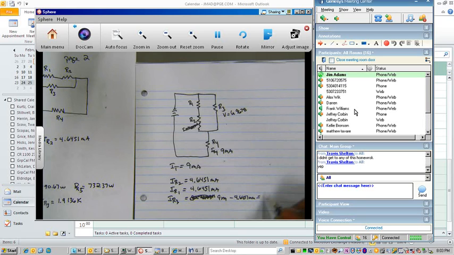So if IR2 is 4.6451 milliamps, what's current through R1? It'd be the same, because R1 and R2 are in series. So whatever goes through R2 goes through R1, right? Oh, that's right, yeah. So IR1 and IR2 are both 4.6451 milliamps.